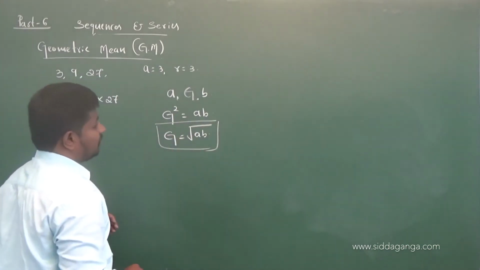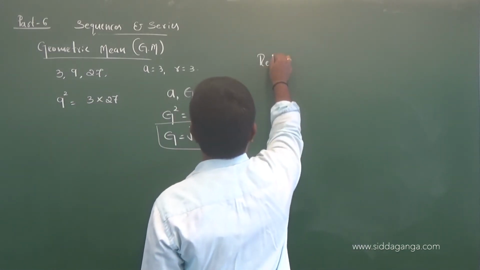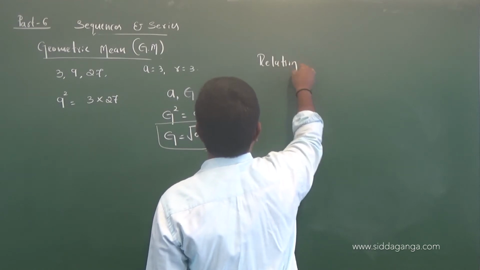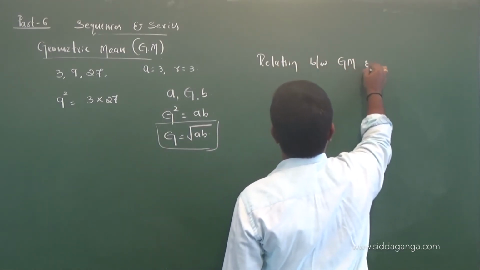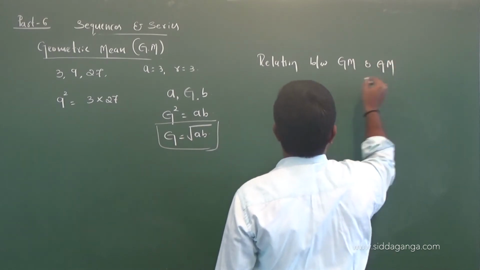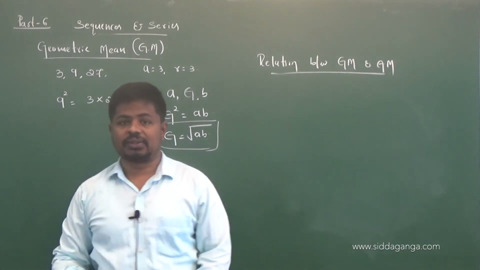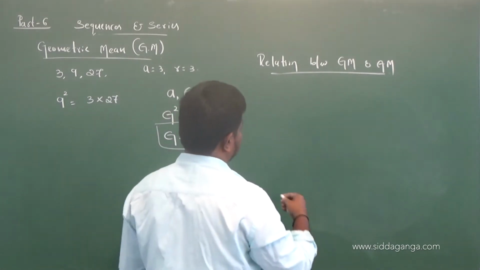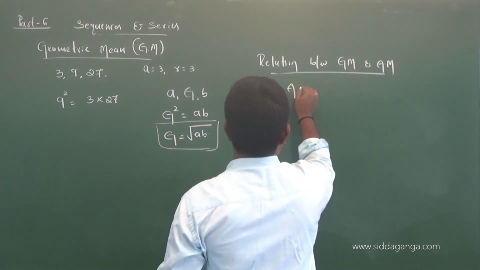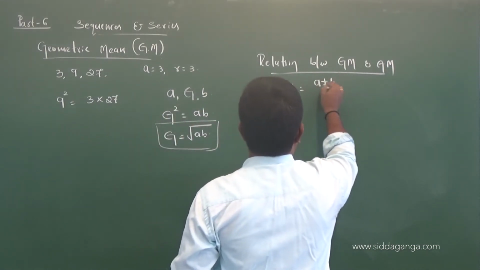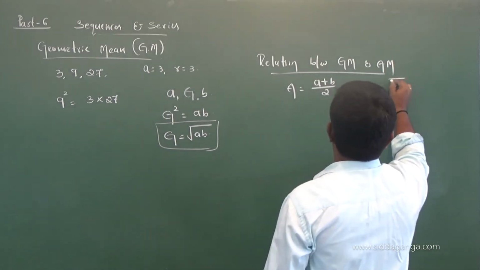Now let me discuss a relation between GM and AM, that is, geometric mean and arithmetic mean, right. Let us take the arithmetic mean of two numbers A and B, given by A is equal to A plus B by 2, and the geometric mean of the same numbers, given by G is equal to root of AB.